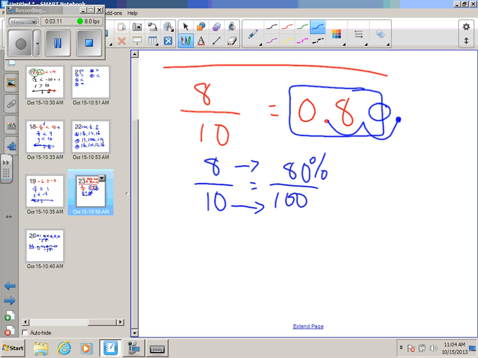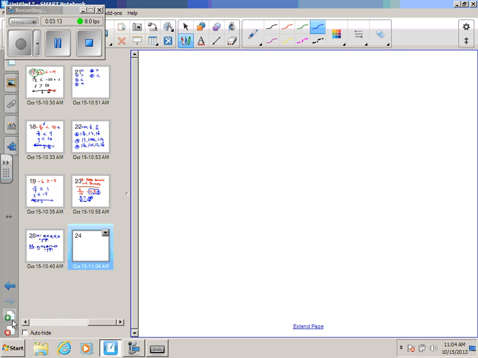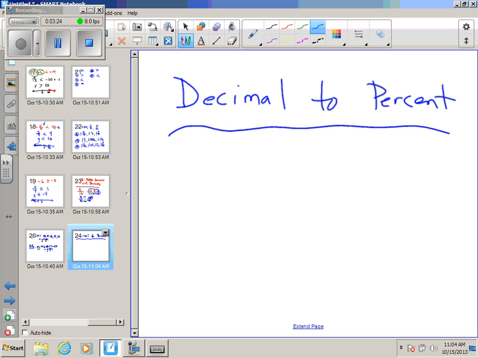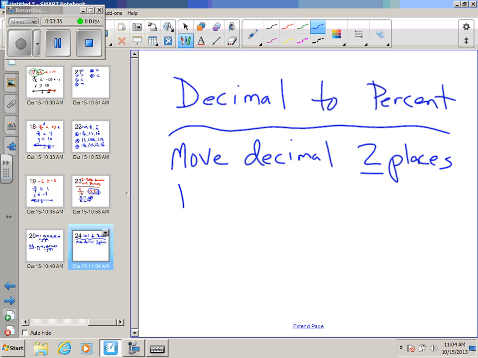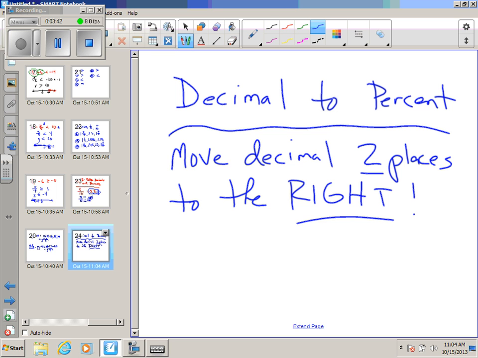Okay. So if I were to put that into directions, if we said decimal to percent, we would say move decimal 2 places to the right.